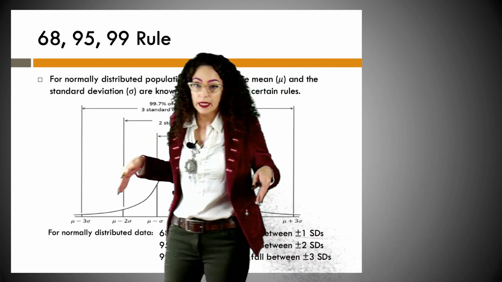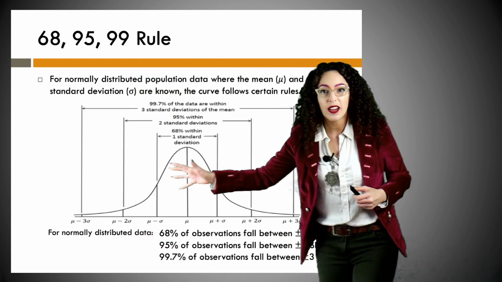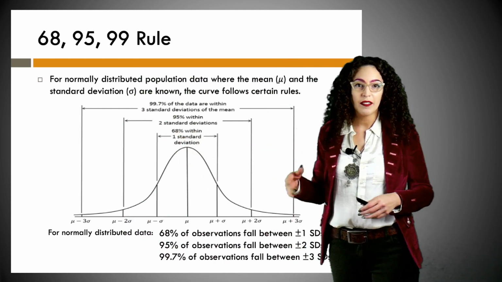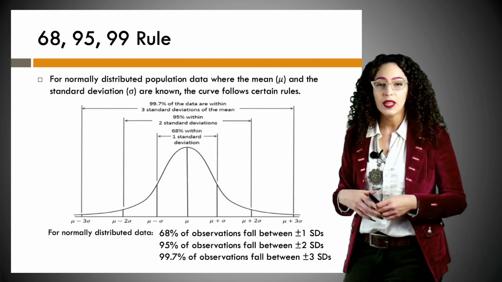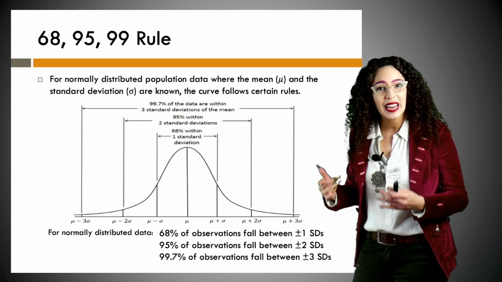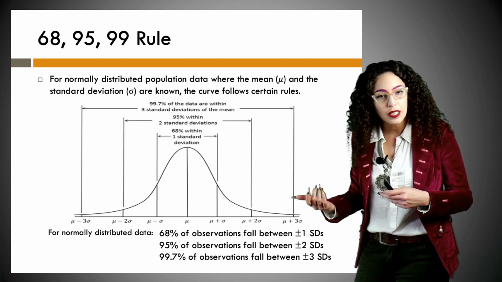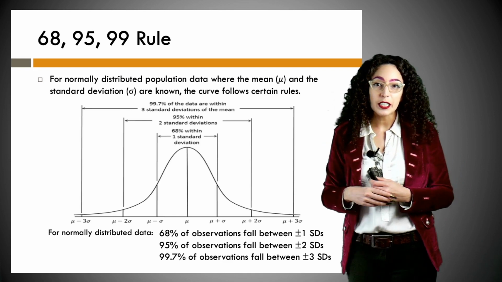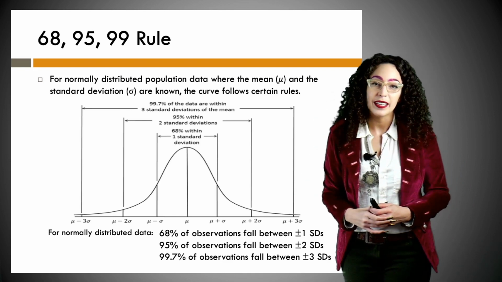That would be like right here, and that is about 95% of people. 95% of people will have scores between -2 and positive 2 z-scores. Then if we go all the way out to -3 and positive 3, 99.7% of people will fall between a z-score of -3 to positive 3. So these are pretty nifty, and I suggest you familiarizing yourself with the 68, 95, 99 rule.